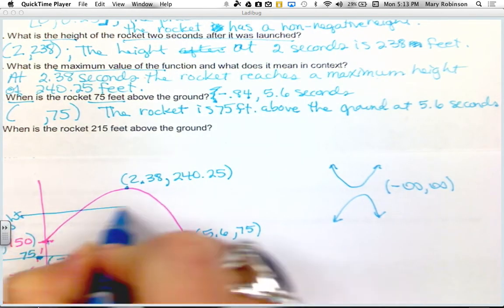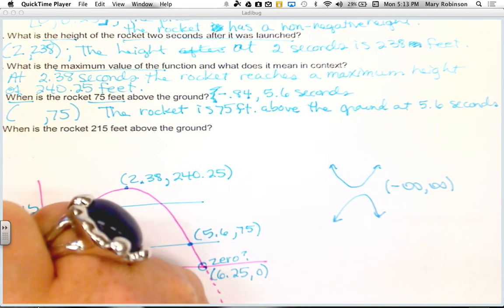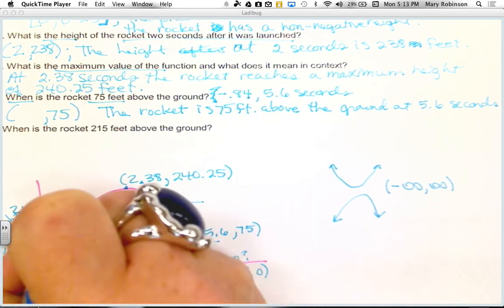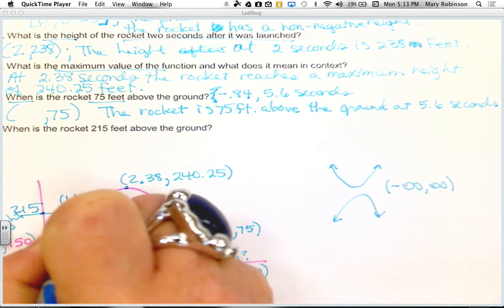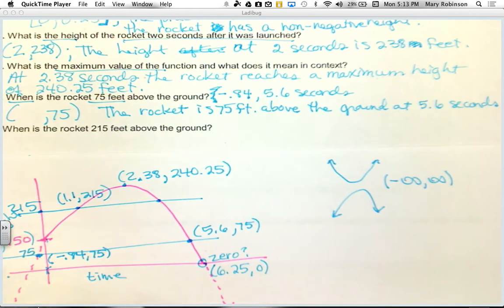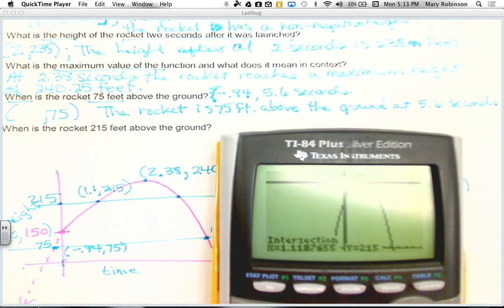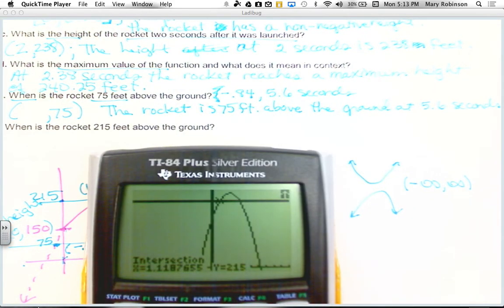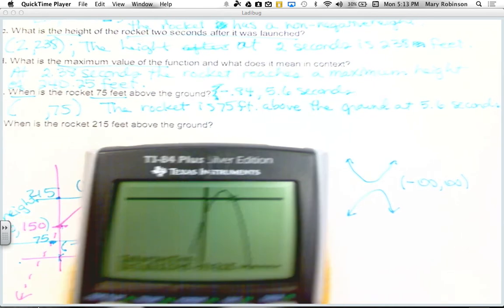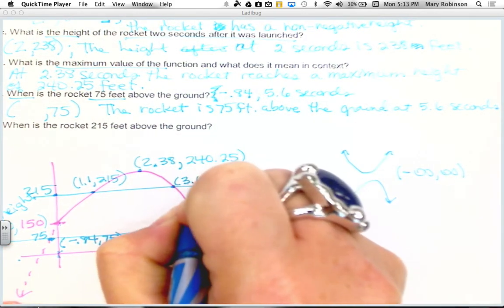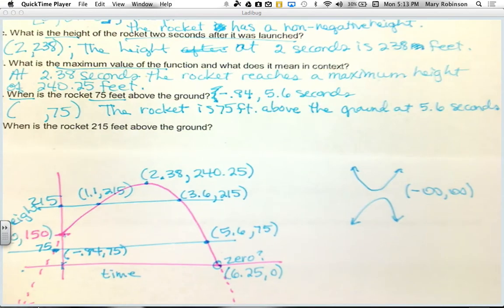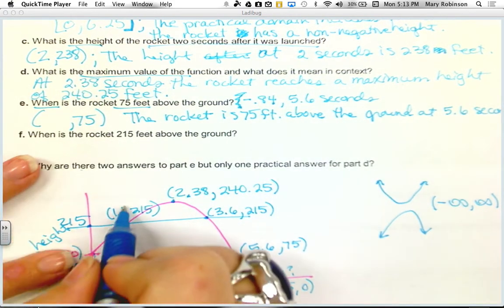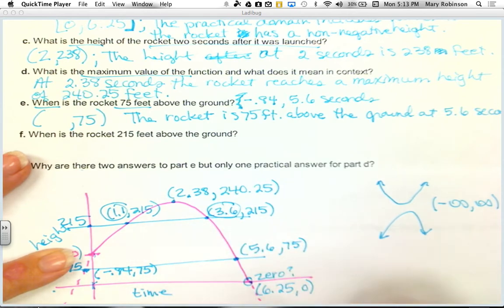So I'm going to come up here and put another horizontal line at 215. But now this occurs at 1.1 seconds. And then I want to find my other one. So same process. Second, trace 5. 3.6 seconds. So now we have our two values. We know it's going to hit 215 at 1.1 and at 3.6.